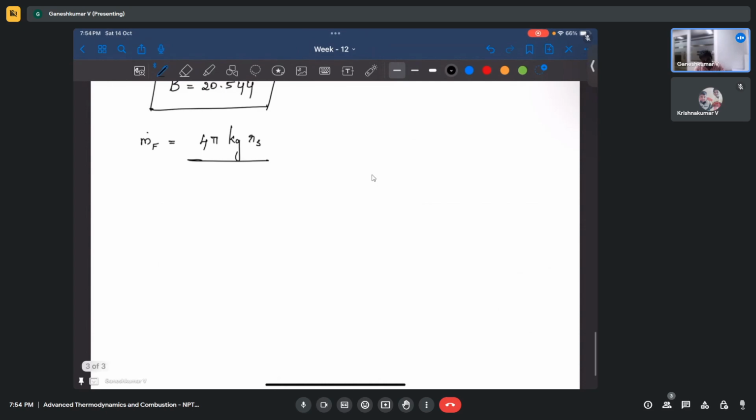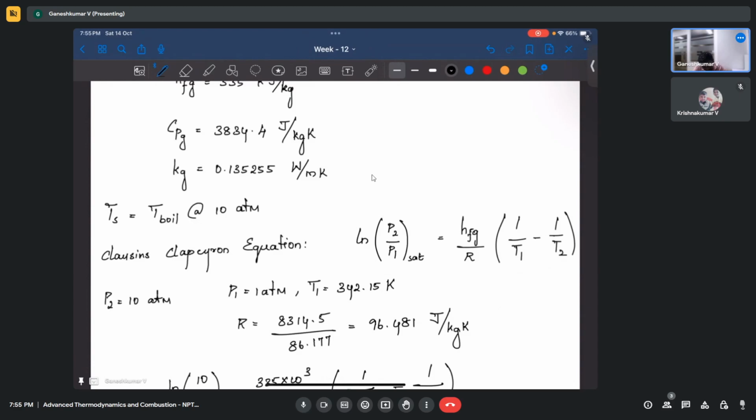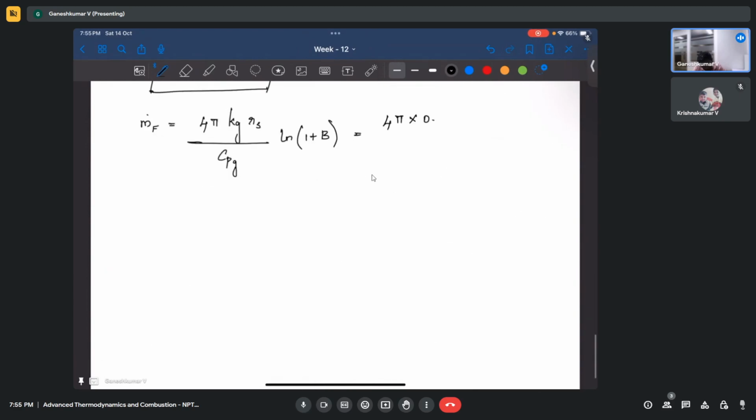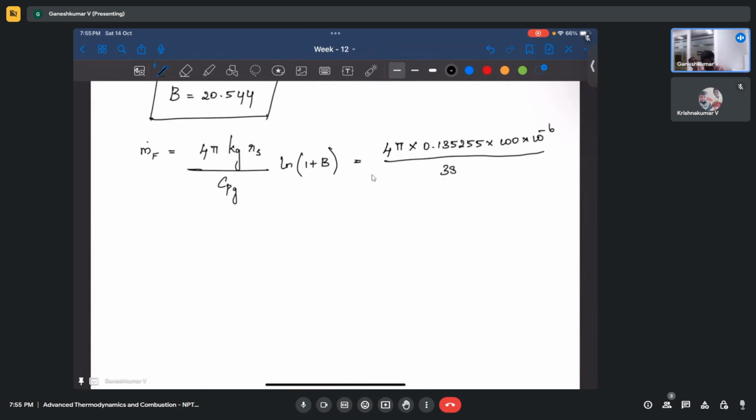This is divided by Cpg into ln of 1 plus B. So it is 4 pi, kg we found to be 0.135255, and Rs, since we have 200 micrometer diameter, is 100 micrometer, 100 into 10 power minus 6, divided by Cpg, which was 3834.4, and there is ln also.